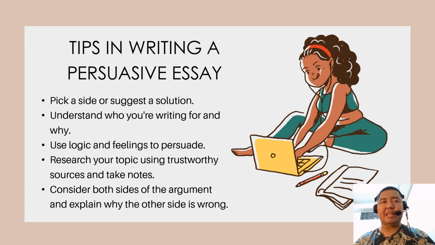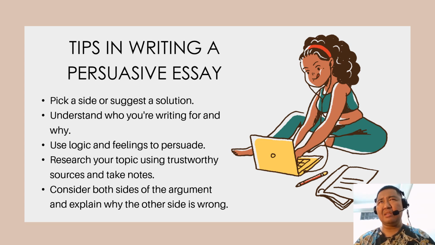And of course, the last one, you have to consider both sides of the argument and explain why the other side is wrong. So when you're persuading people, you have to give the pro and the con, the pro of what you're supporting and the con of what you do not support. For example, why should they visit Siargao over Boracay? What's best in Siargao? What are the things that you can do in Siargao?